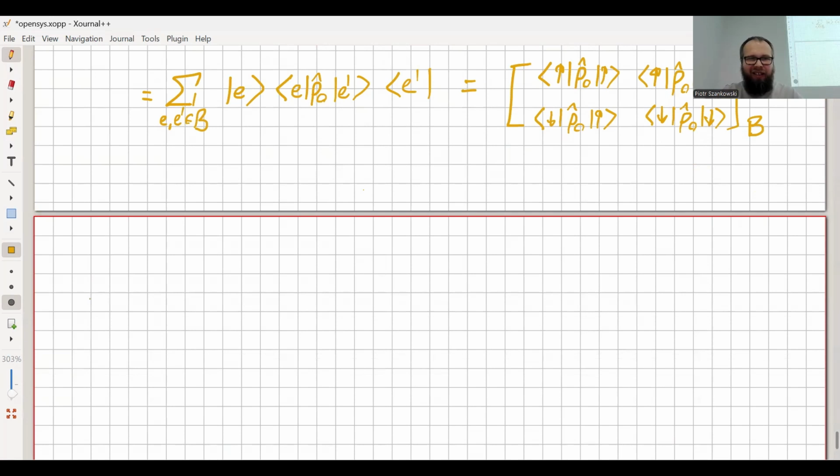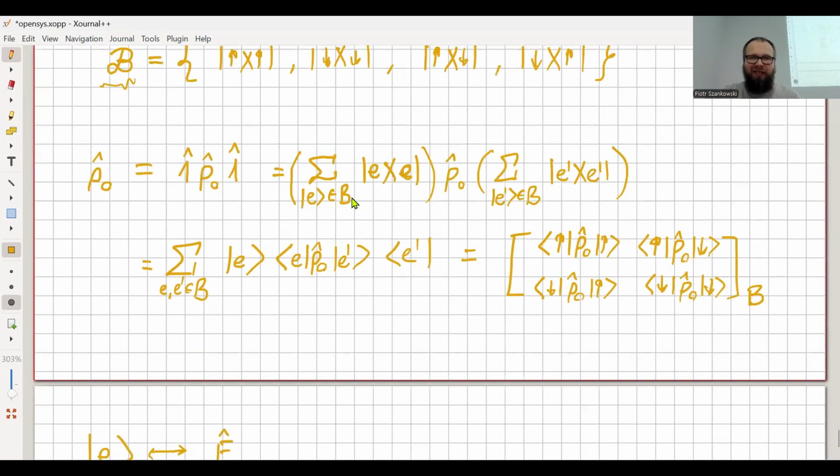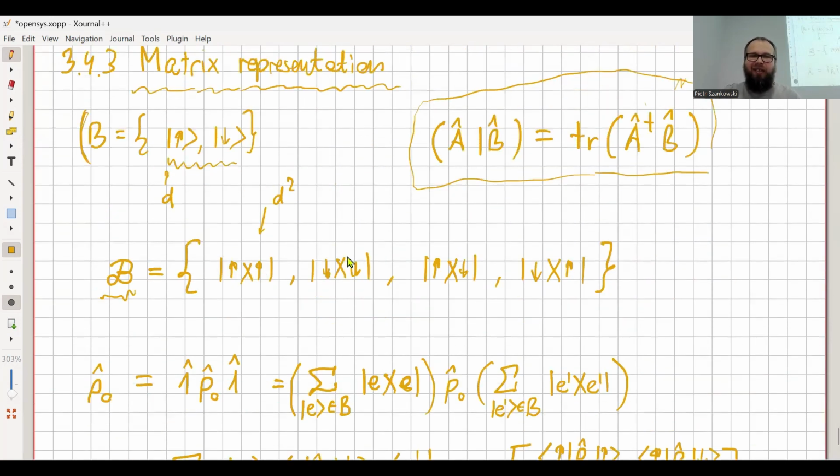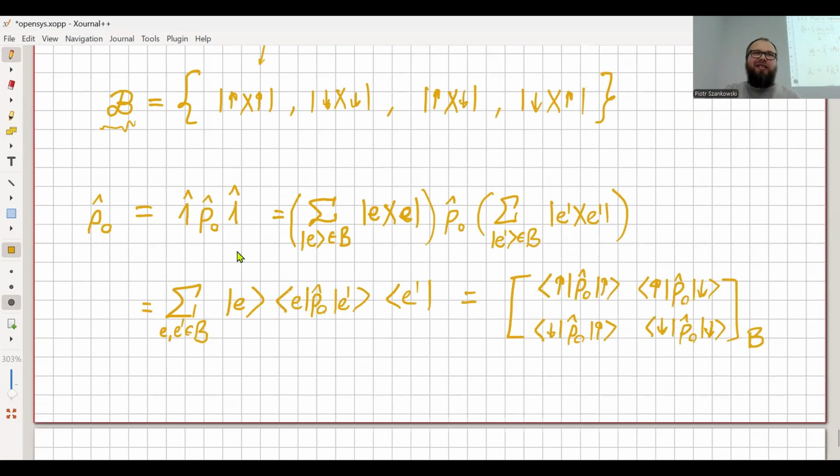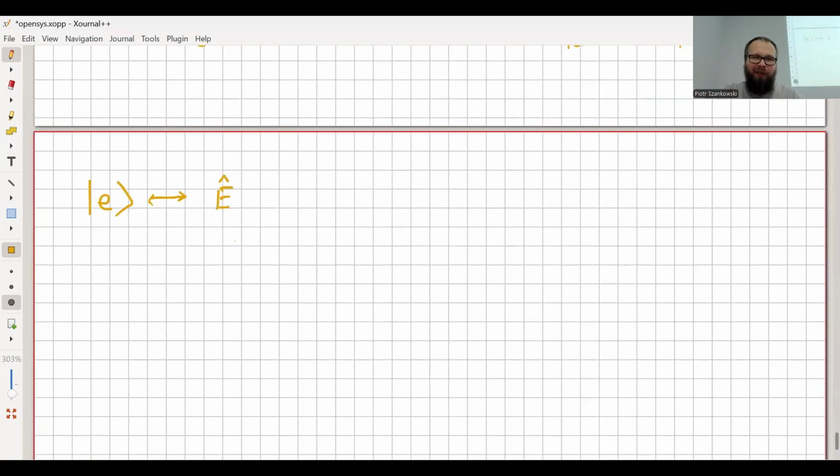So clearly in our vectors correspond to operators. So these are operators, right? So vectors would correspond to operators. But what is bra? This corresponds to what?